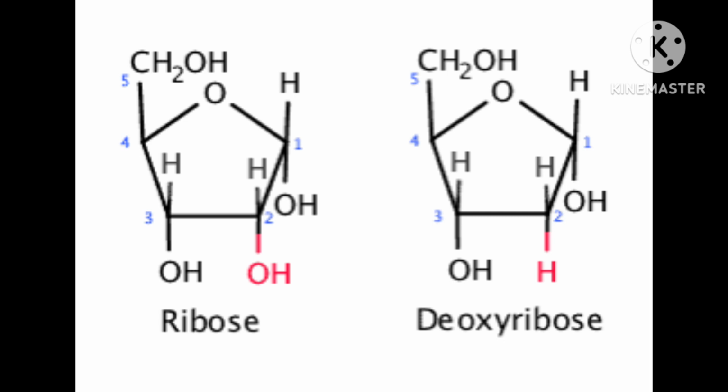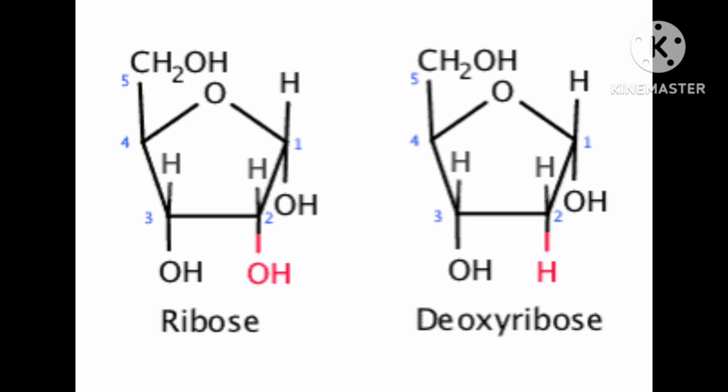Since nucleic acids are long chain polymers of nucleotides, they are also called polynucleotides. Nucleic acids' other name is polynucleotides. Actually both nucleic acid and protein are required.